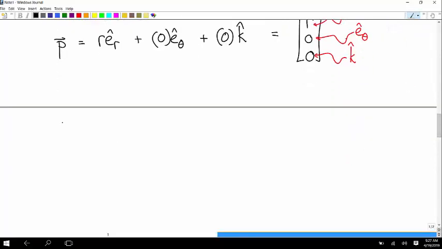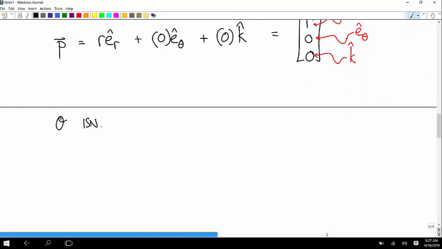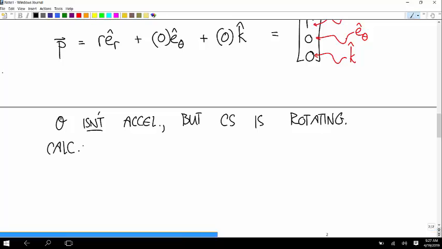So we're going to use what we know about that to calculate the velocity vector and the acceleration vector.